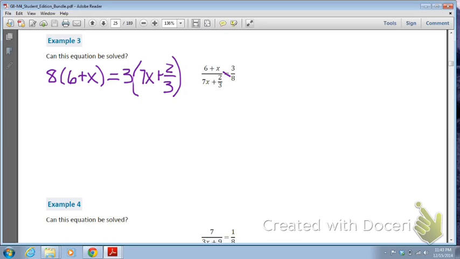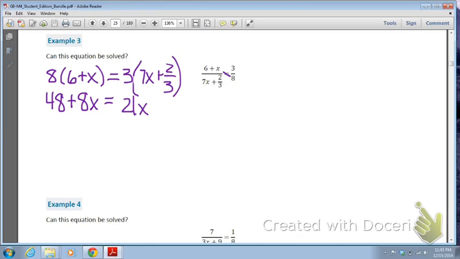Okay, so once again, the most common error is to forget the parentheses and to only multiply that first part of the numerator by the denominator. Okay, so 8 times 6 is 48. 8 times x is 8x. And on the other side, we've got 3 times 7x for 21x.